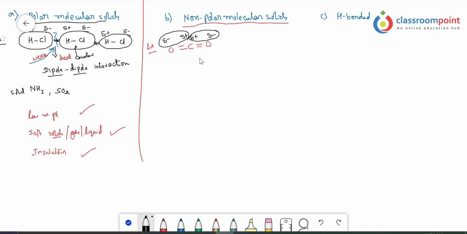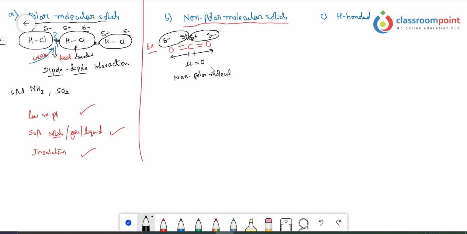If you see the dipole moment, the movement of the electrons is towards oxygen here, so the movement of electrons is this side, and in the case of this other bond, the movement of electrons is this side. So the movement of the electrons given by this bond is actually cancelled by the other bond, so the dipole moment of this molecule is equal to 0.